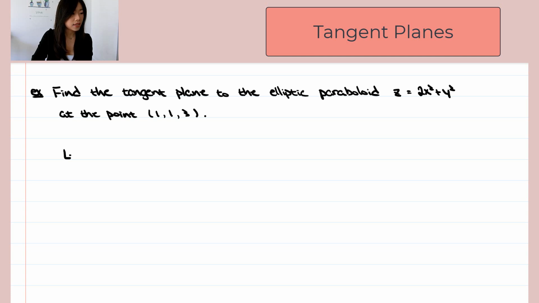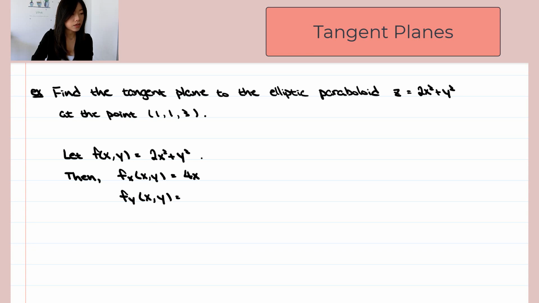So let's let a function of two variables, f of x and y, be 2x squared plus y squared. Then the partial derivative of the function, first with respect to x, would be 4 times x, and the partial derivative with respect to y would be 2 times y.